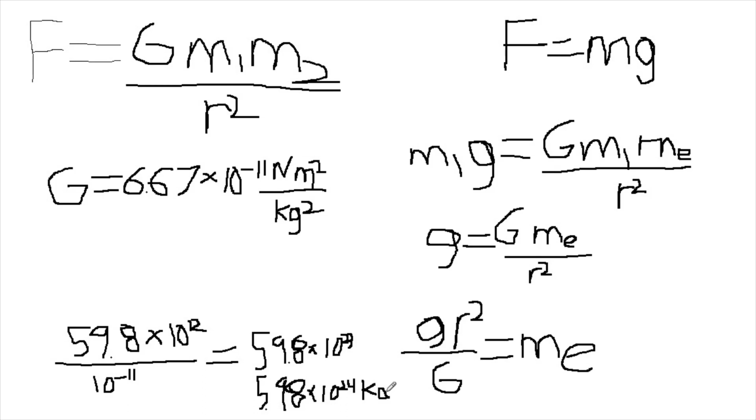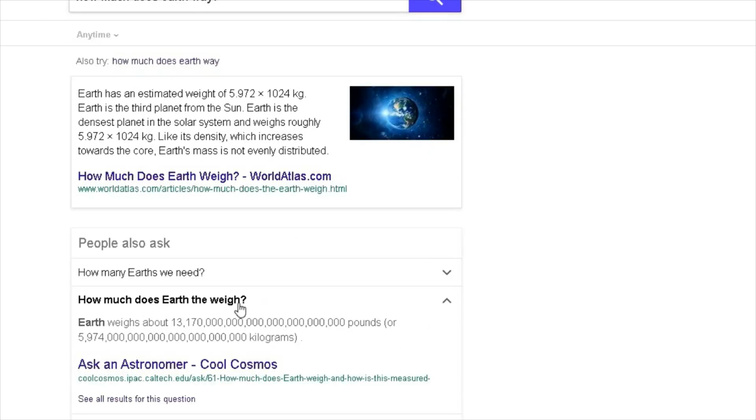Let's check if our answer is correct. We will look up the mass of the Earth. So there's 3 zeros, so starting from there, it's 3, 6, 9, 12, 15, 18, 21, 24, 25.